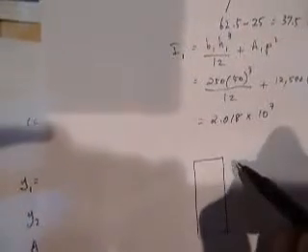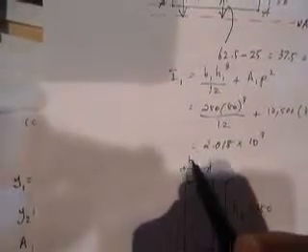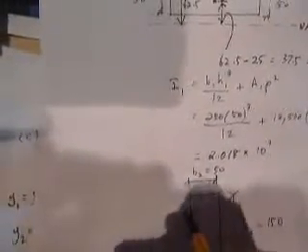Now for I2, we have the bottom rectangle, which has an H2 of 150 and a B2 of 50. If we draw the neutral axis, it is something like this.